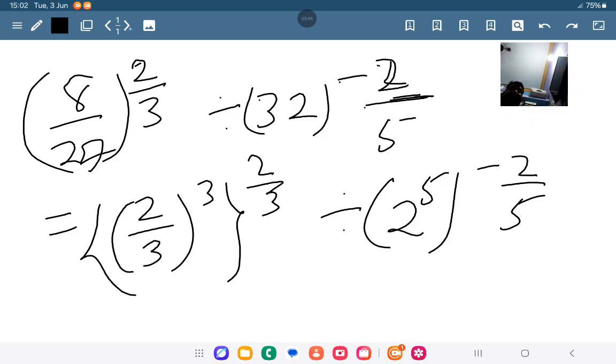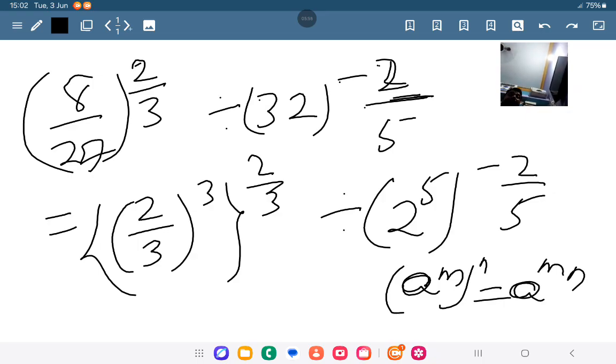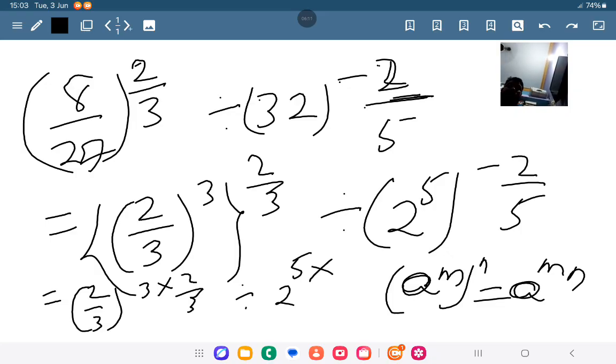Then it is in the form of a to the power m whole power n, that is equal to a to the power m into n. Clear? So now it will be 2 to the power 3 whole power 3 into 2 by 3, divided by 2 to the power 5 into minus 2 by 5.